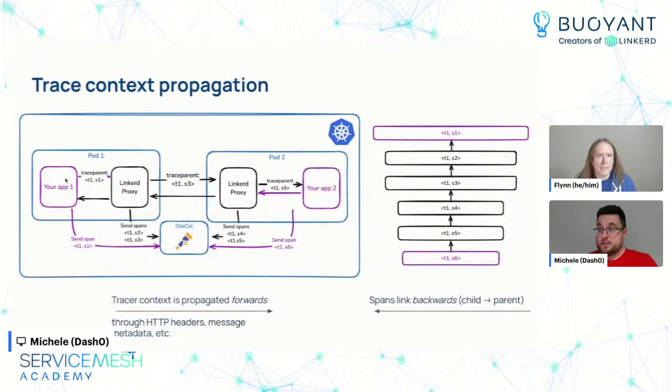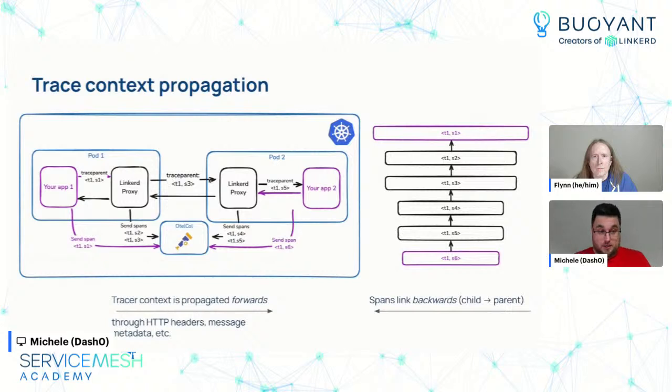The first application is going to start a trace, create a new trace identifier, and create a span. The span is sent to the Linkerd proxy. The Linkerd proxy will create two spans, one for the incoming request and the other for the outgoing, because they will have, for example, different latencies. It will update the trace context twice. Every time you create a span, you will update the trace context, then send a request.